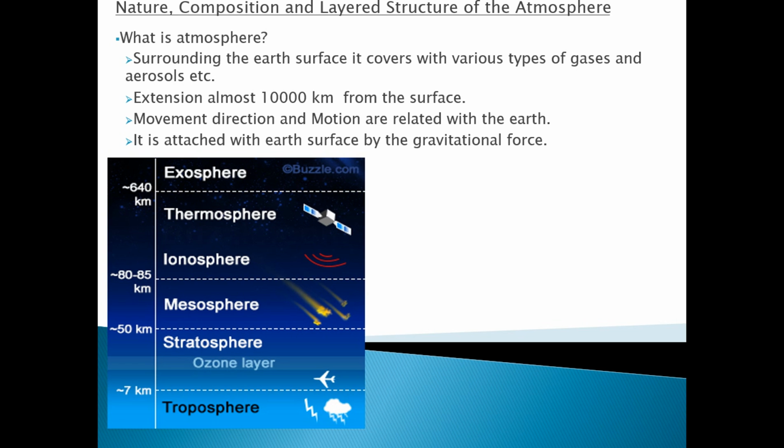It is composed of various materials, that is, various types of gases, water vapor, and aerosol. The atmosphere is divided into two parts on the basis of chemical composition, that are homosphere and heterosphere.